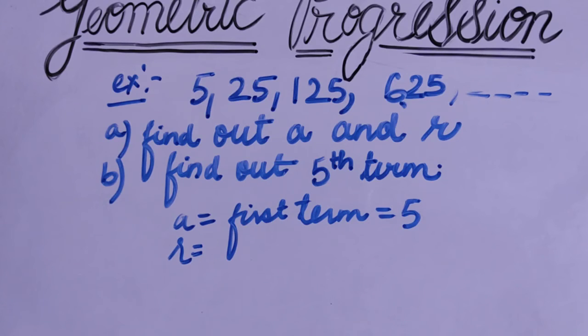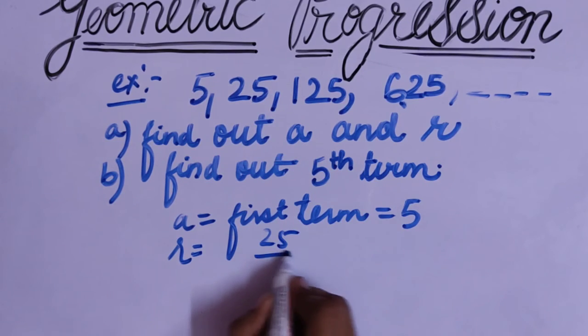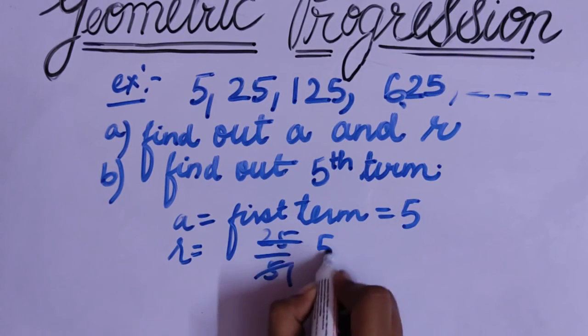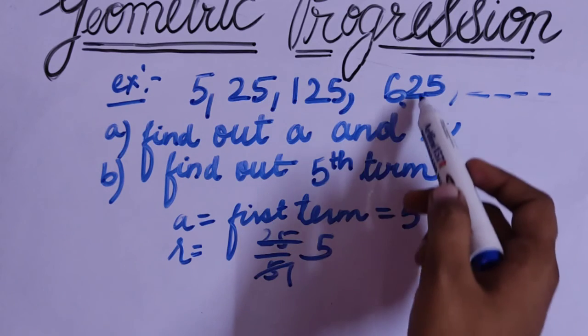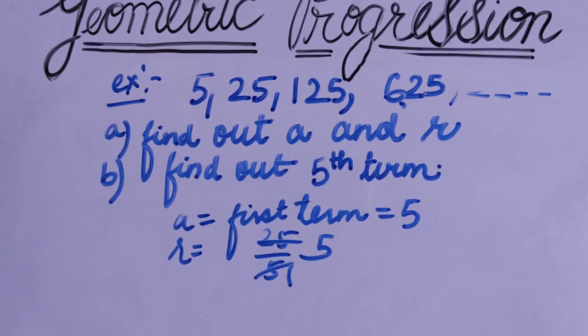In the same manner, here the common ratio will be equal to 25 by 5, which is 5. And you can also calculate 125 by 25, which is also 5. And 625 by 125 is also 5. So your first term is 5 and the common ratio is also 5.